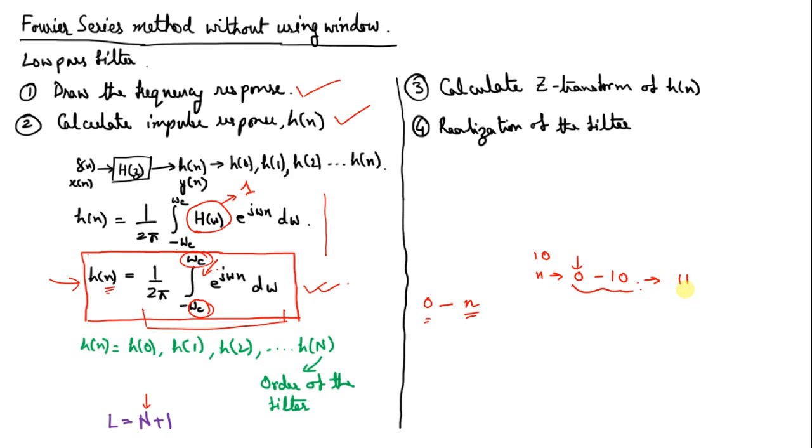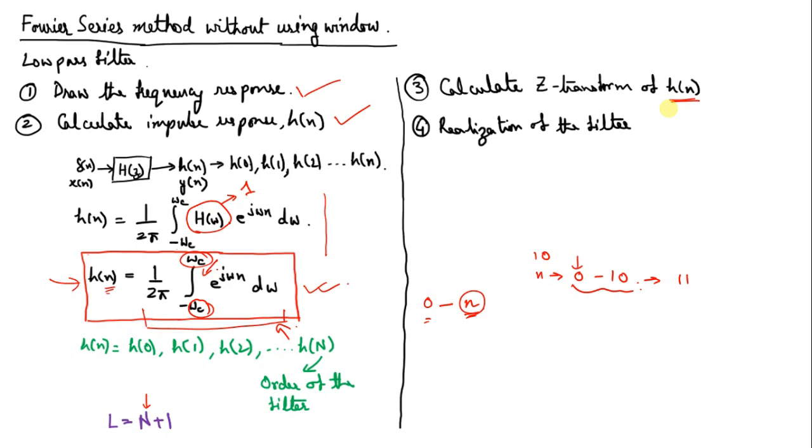So once you solve this equation, from the order value you have to change the value of small n and calculate the impulse response. Now once you have the impulse response, we know how to compute the Z transform.